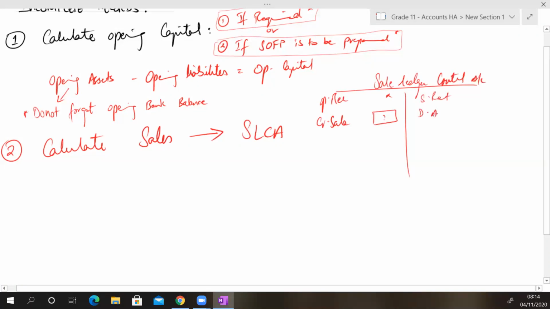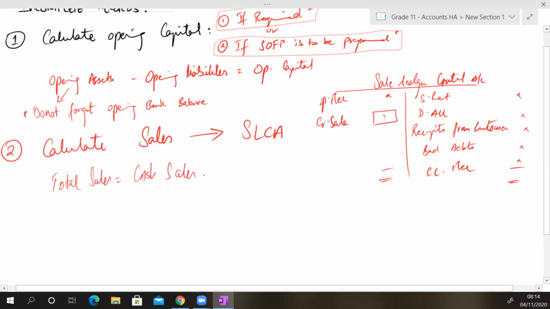Sales return, discount allowed, receipts from customer, bad debts, or closing receivable. This would be a simple format. Using this, you will calculate credit sales. And then total sales is equal to cash sales plus credit sales.